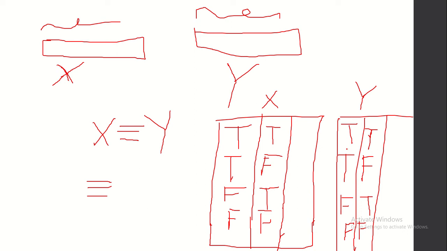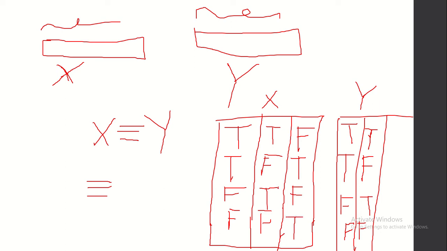Let's assume that for this set of inputs, x gives us this as output. We don't know how x is actually giving us this output, as we don't know what x actually is. We are just assuming that x gives us this as output.